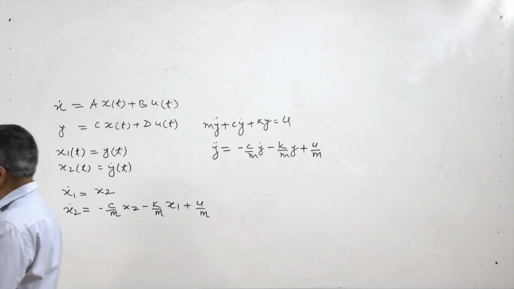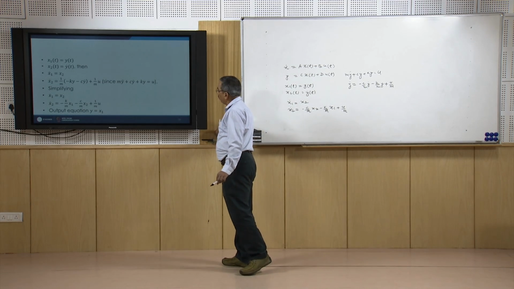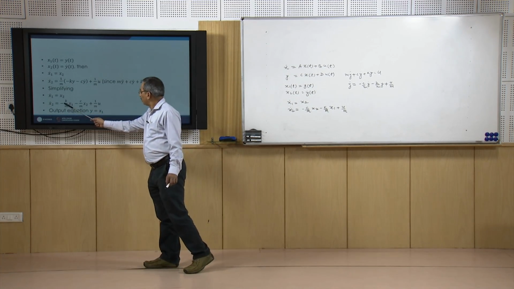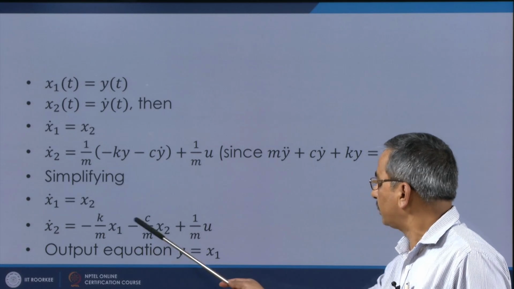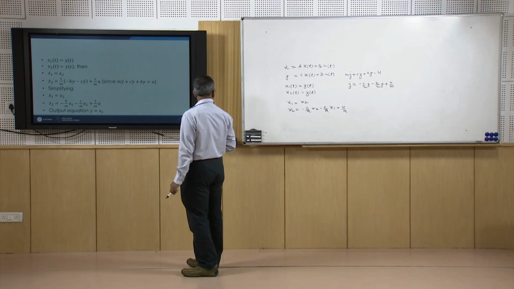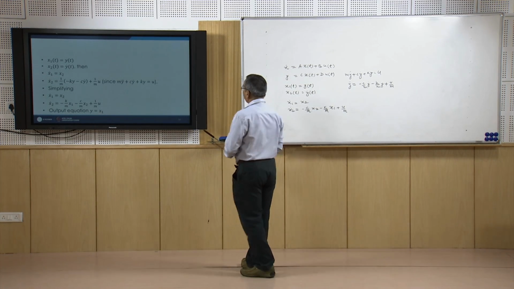So, this is the equation we get: x1 dot is equal to x2 and x2 dot is equal to minus k by m x1 minus c by m x2 plus 1 by m u.